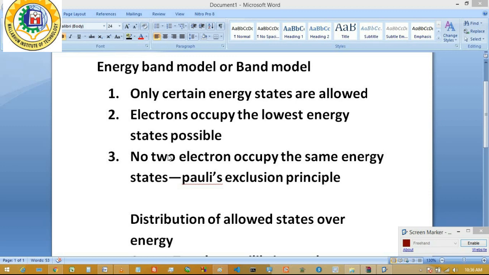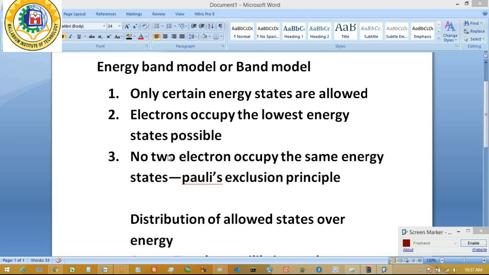Some electrons are bound to the atom or the nucleus and cannot move. So through this model we are trying to separate the electron population which is free from that which is bound to the nucleus at a given temperature. The temperature comes into the picture in each and every tenet.